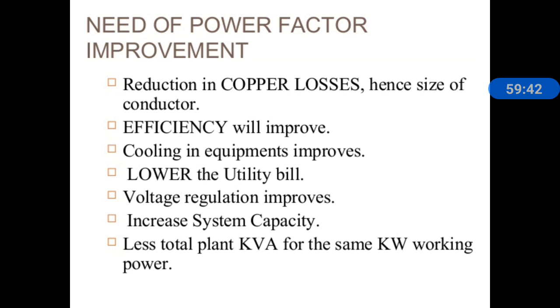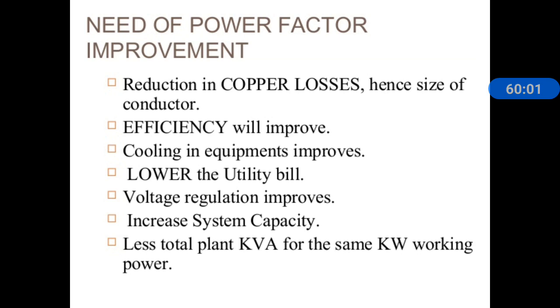All the generating stations and transformers are rated in kVA. So for the same working kW, less kVA is required under the improved power factor condition. So these are the needs of power factor improvement.